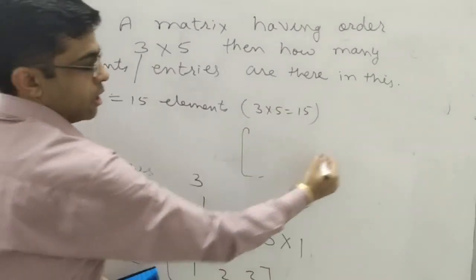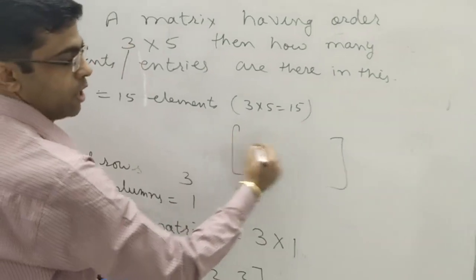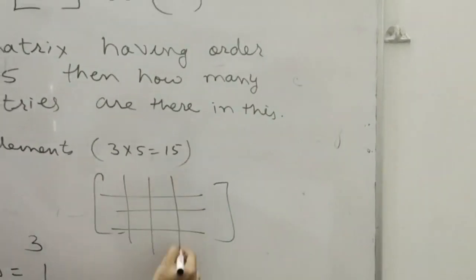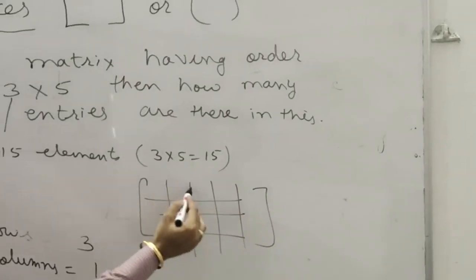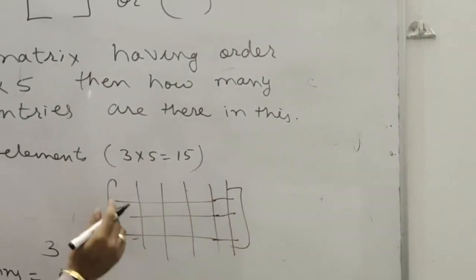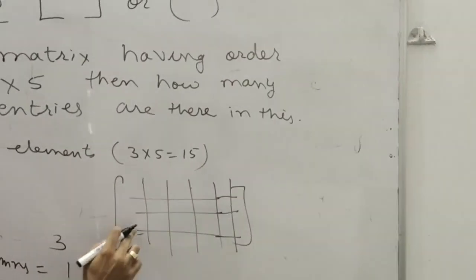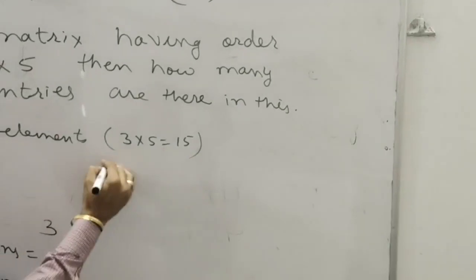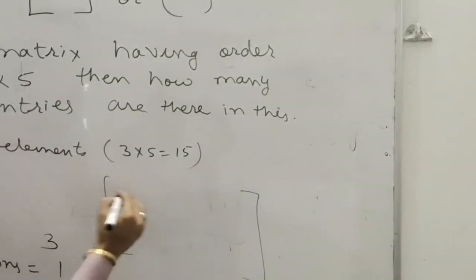Why? Because we can take an example of 3 horizontal lines and 5 vertical lines.